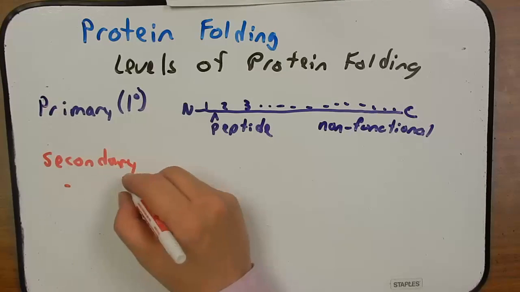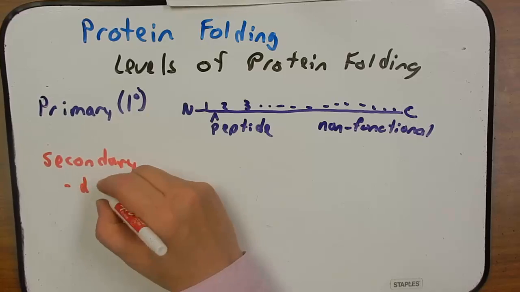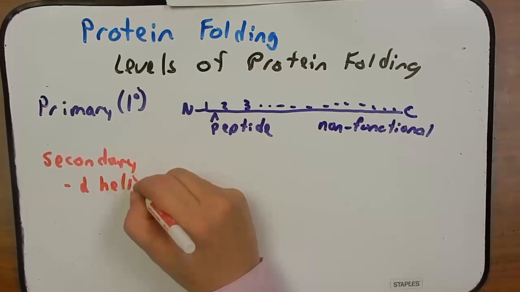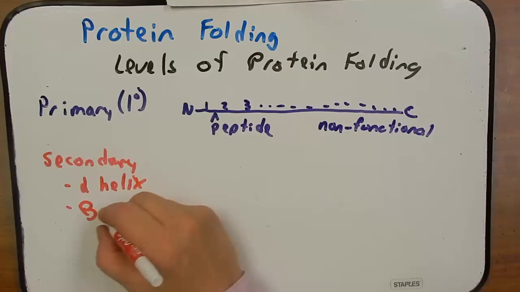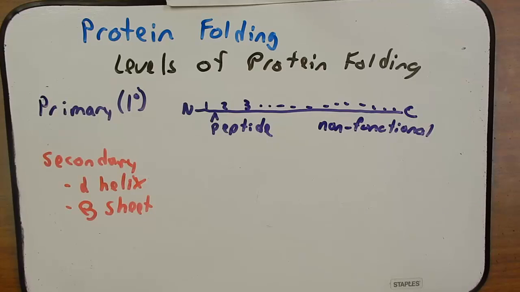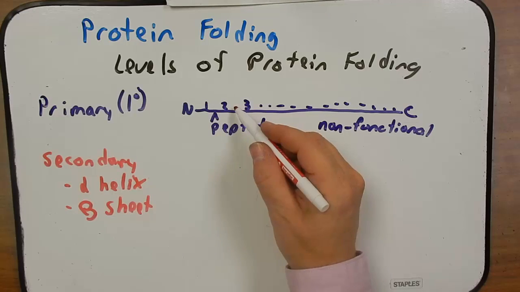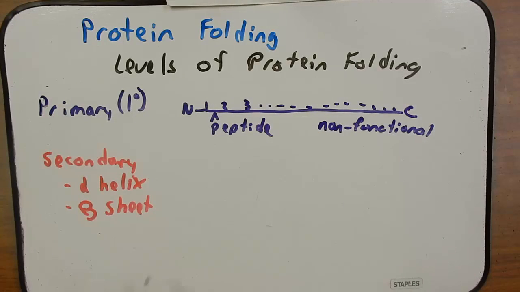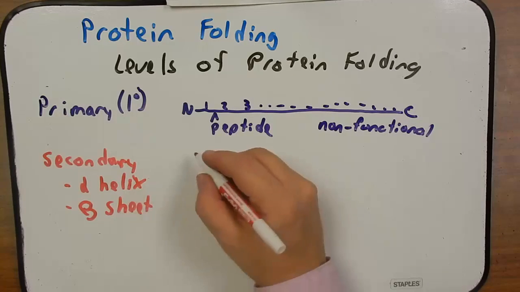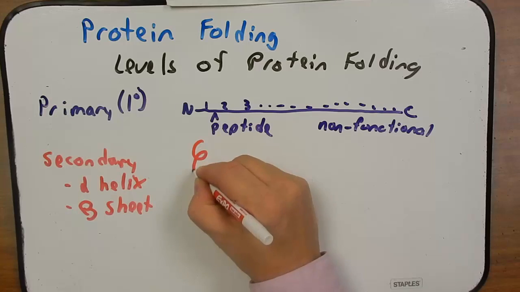There are 2 main kinds of secondary structures. I'm going to write them here: alpha helix and the beta sheet. Both of these secondary structures take advantage of hydrogen bonding between amino acids that are near them. Not necessarily right next to them, but in the vicinity of each other. We could draw an alpha helix like this.